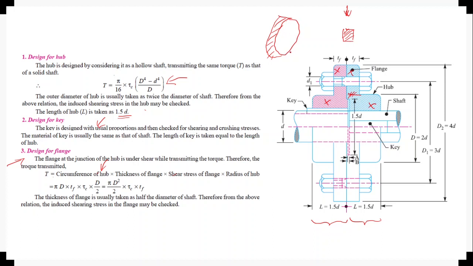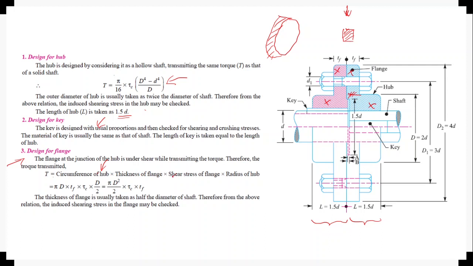Then this circumference of the hub into thickness, that area, into allowable shear stress of the flange, into radius of the hub.